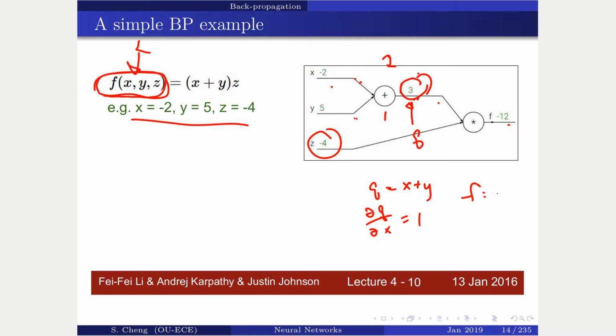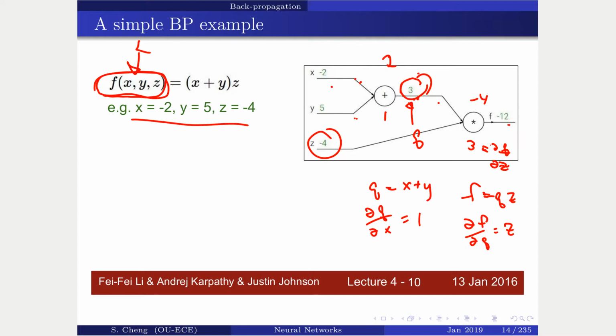F is equal to Q times Z, so partial F, partial Q is equal to Z, which is -4. You store -4 here, and store 3 here, which is partial F, partial Z.